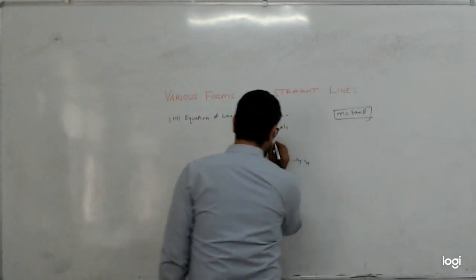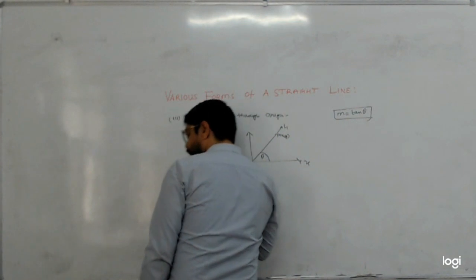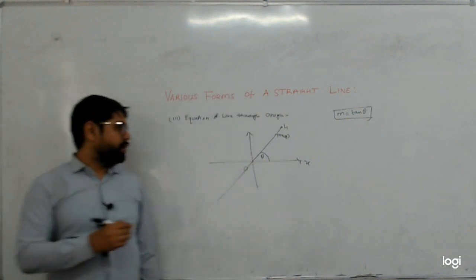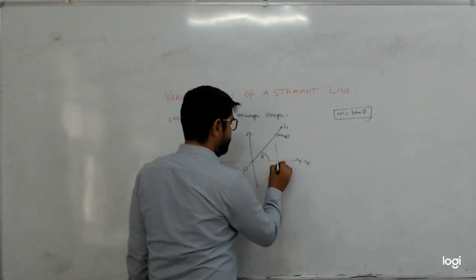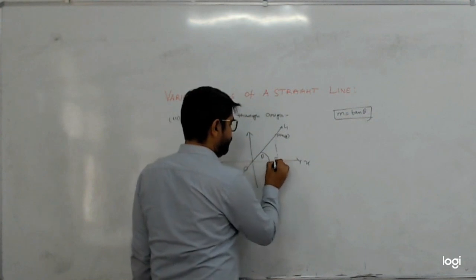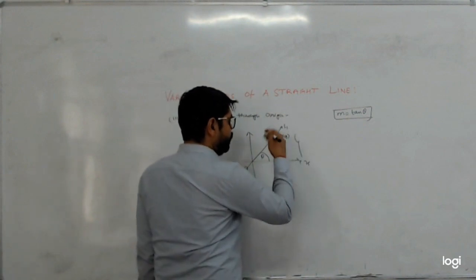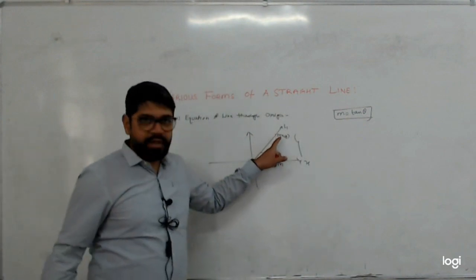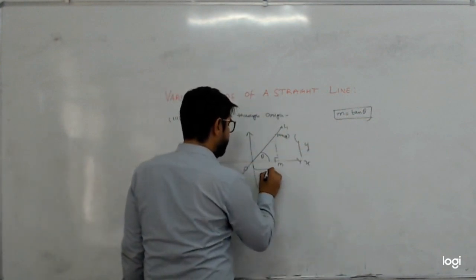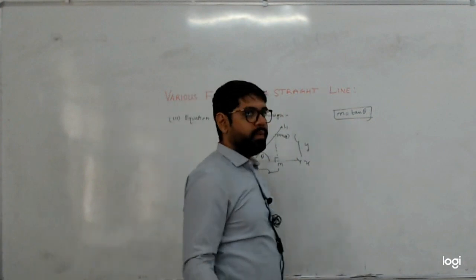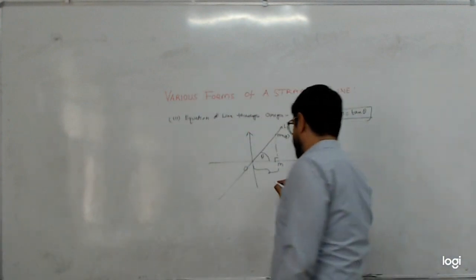Now let P having coordinate x, y be any point on this line. Draw a perpendicular from P to x-axis and let this be M. Now the length of PM will be nothing but the y coordinate of point P, which is y, and the length of OM will be nothing but the x coordinate of point P, which is x.